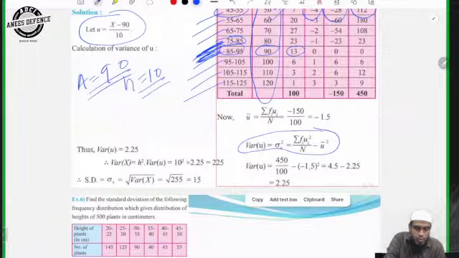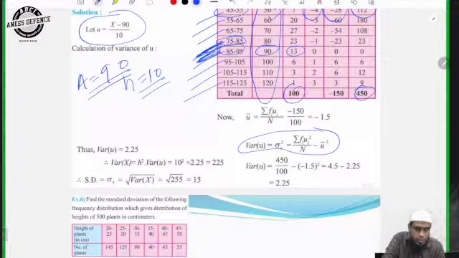Substituting, 450 divided by n, the sum of the frequencies, so 450 by 100 minus the mean of the observations, u bar square, you will get 2.25.